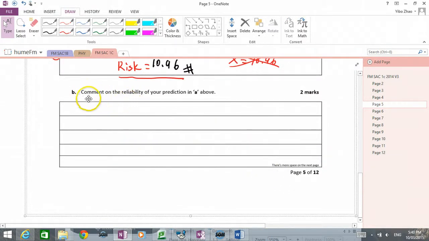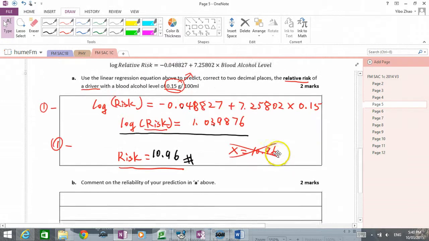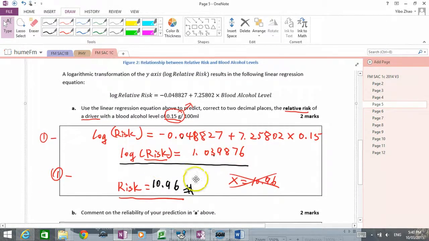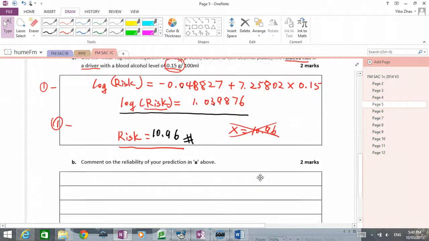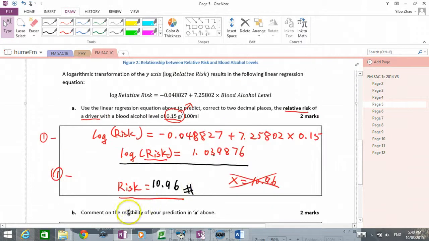Now, we need to comment on the reliability of the prediction in A. The reliability, the accuracy. So remember, when we're talking about reliability, we need to talk about interpolation and extrapolation.